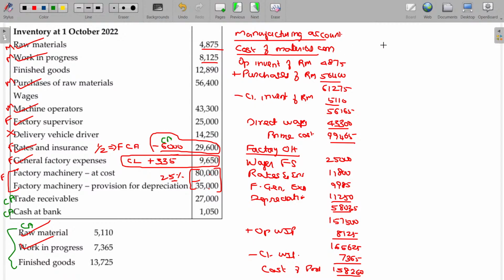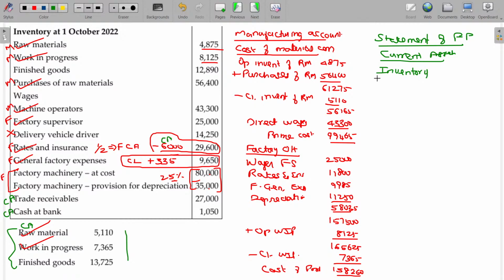Now I'll start with the current assets section in statement of financial position. What are the current assets we have? Especially inventory. We have three kinds of inventory being the manufacturer.